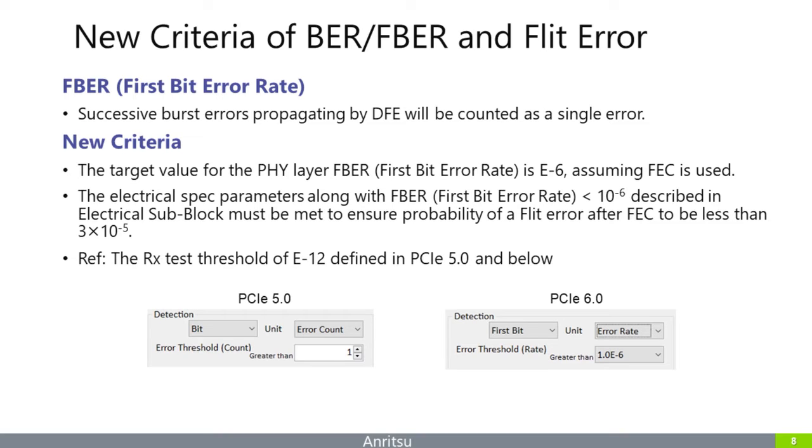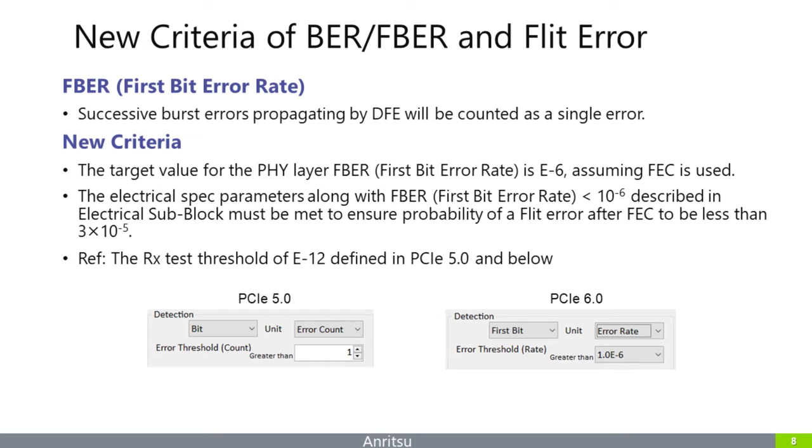So the new criteria, the target value of the physical layer FBER is E-6, assuming error correction is used. Compared to Generation 5 or previous generations, PCIe SIG always used E-12.